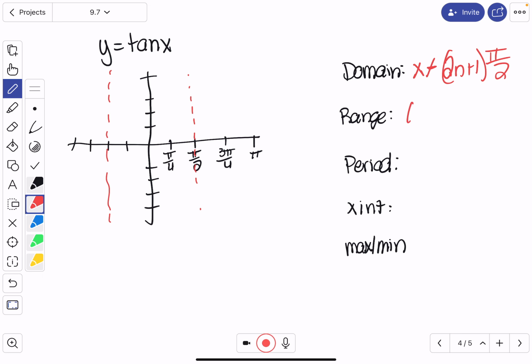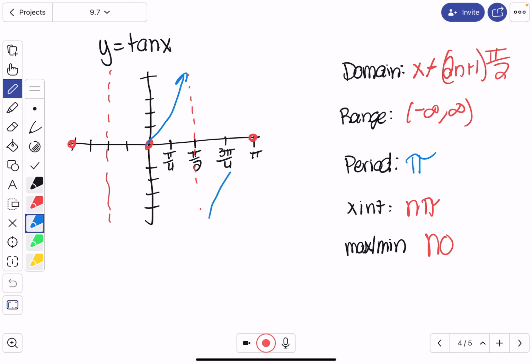The range is negative infinity to infinity. So there's no max and min because the range goes from down to up. X-intercepts are at n pi. So at your 0 pi, at your 1 pi, at your negative 1 pi. And the period is pi. So tangent goes like this. That's your tangent graph in one period.